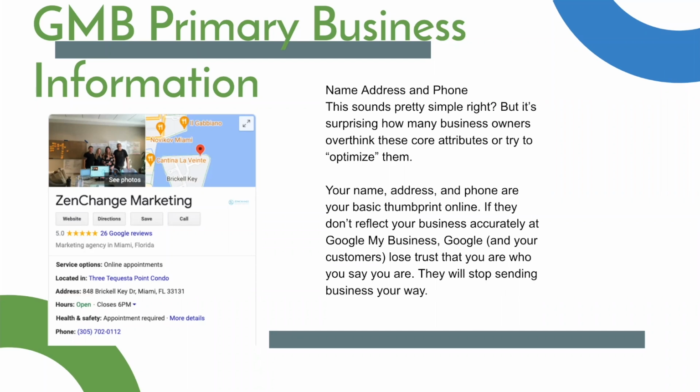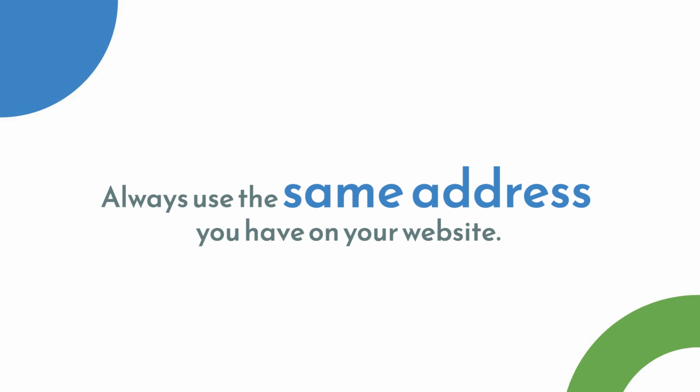And so basically, do not stuff keywords into your business name. Represent yourself as you would answer the phone or welcome a customer into your store. Google is monitoring for these kinds of abuses all the time, and they're getting better at blacklisting the abusers. Submit the same address you use on your website.